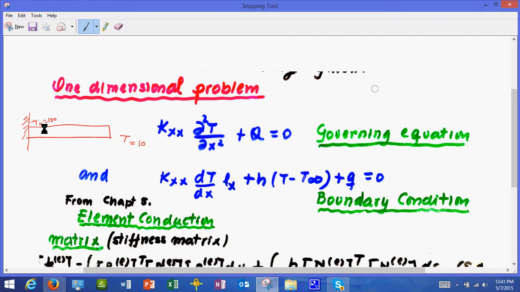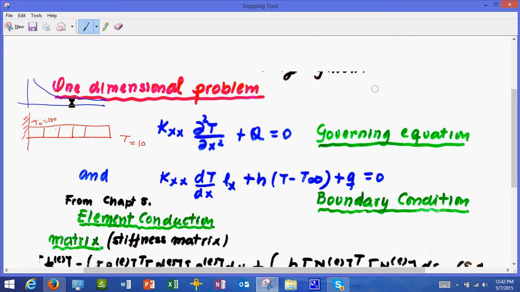So when you have this fin, you divide it into finite elements, into sections like this, and the heat distribution of this could go like this curve.